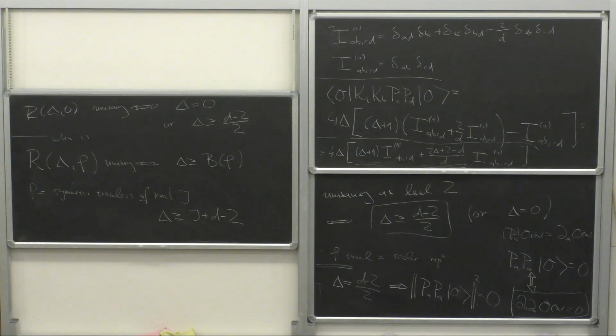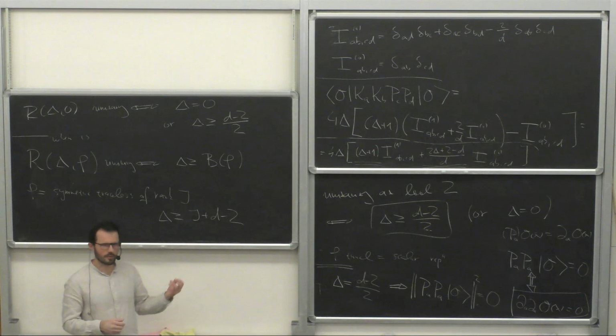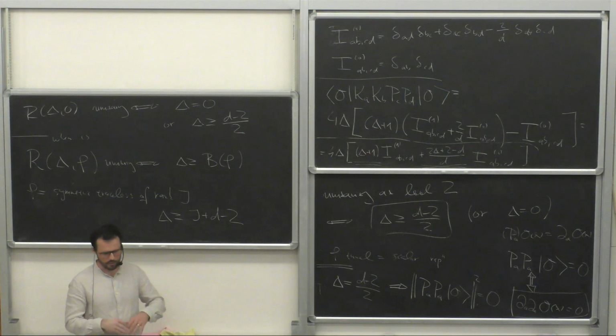Yes. And then if I want a conformal scalar, let's say, I have delta equals d minus 2 over 2, right? That's a different usage of the word scalar than I'm using. I'm using the word scalar more generally, just for a local operator that's invariant under SO(d), under rotations. So it doesn't have to be the free scalar.